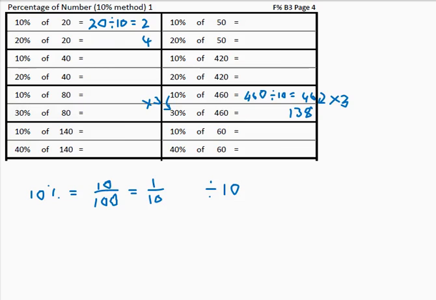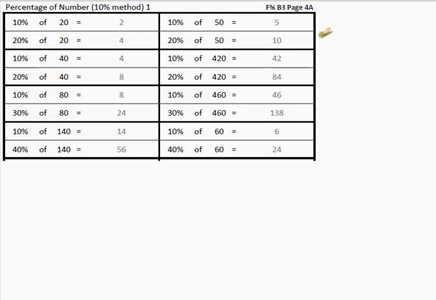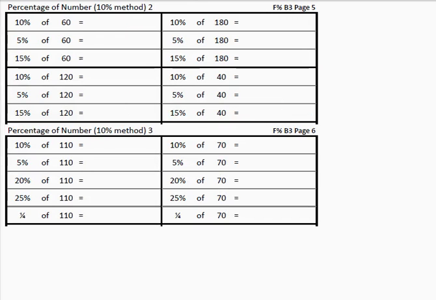We are moving on, and there's your answers. Please pause the video and check your answers. Now we are moving on, still on the 10% method. What is 10% of 60? That is 60 divided by 10, which is 6.